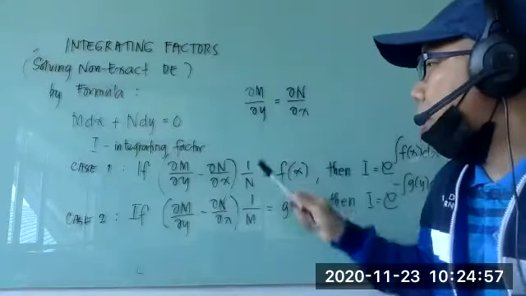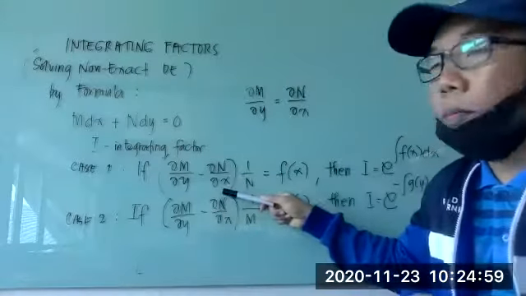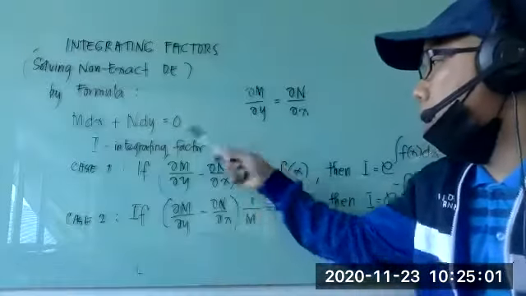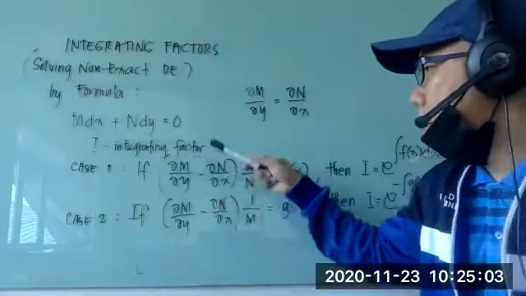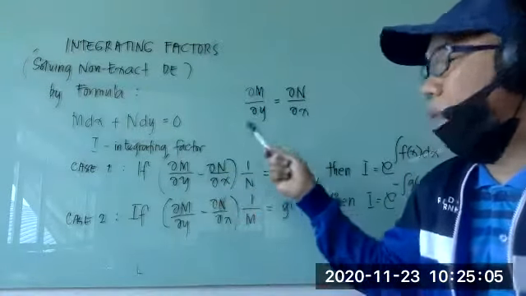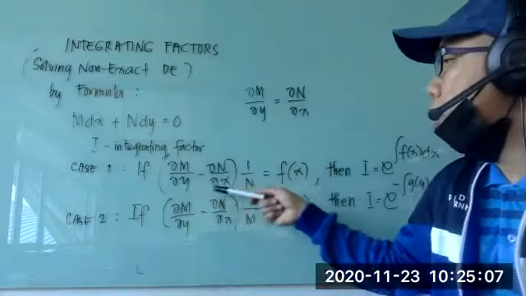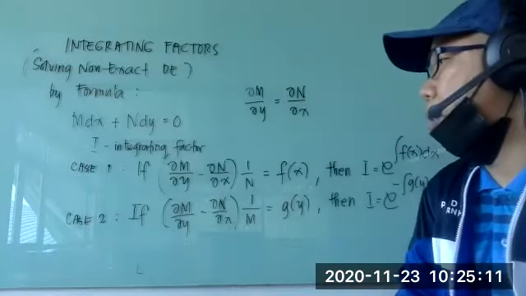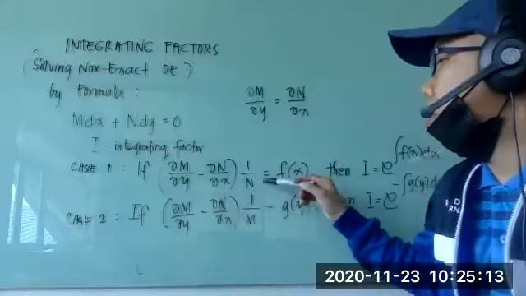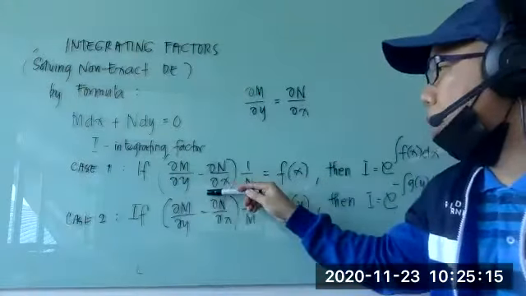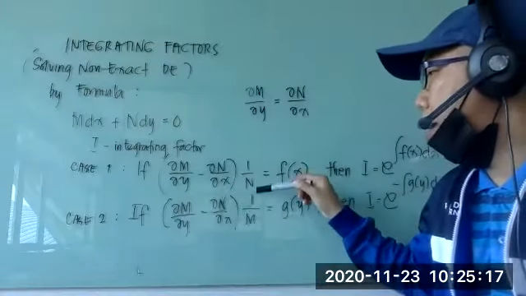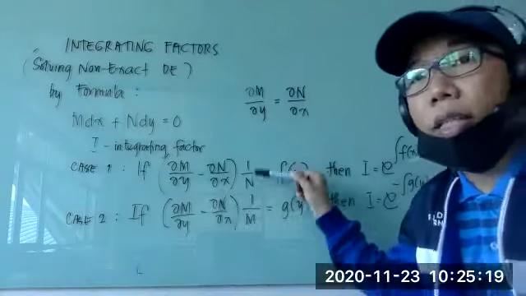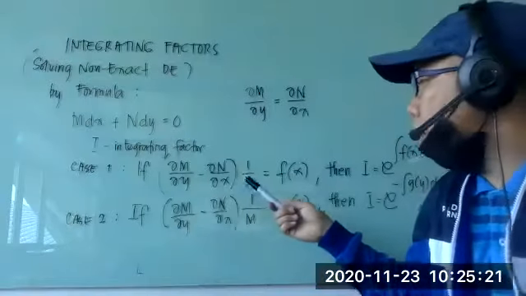They are not equal, so what we will do is get the difference: the partial derivative of M minus the partial derivative of N, following the independent variables involved there. Once we get the difference, we divide that by N.